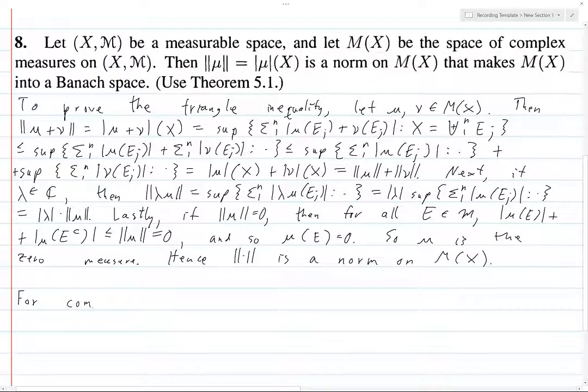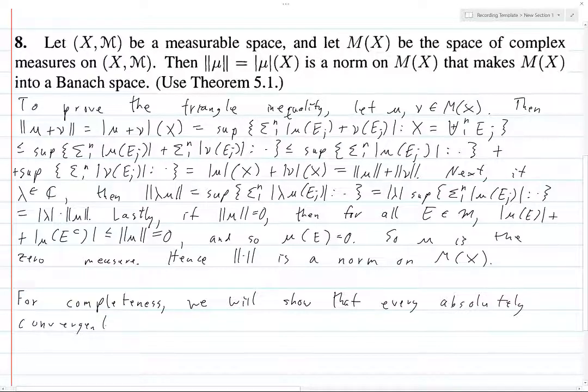So now for completeness, we will show that every absolutely convergent series in Mx converges.